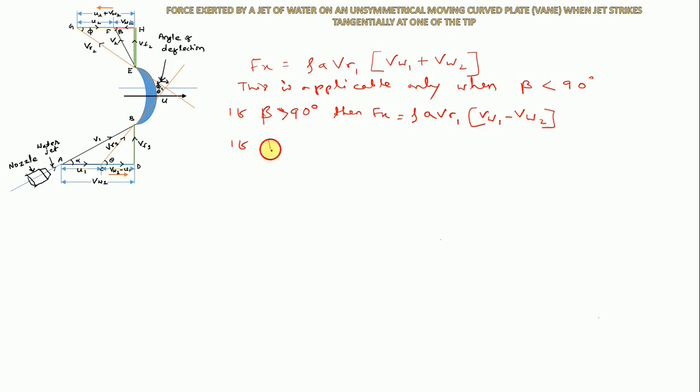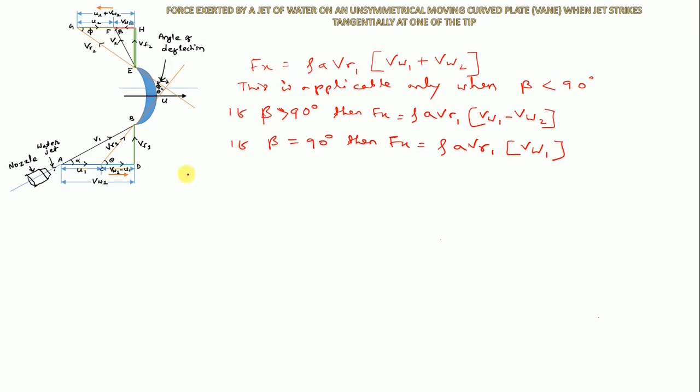If beta is equal to 90 degrees, then Fx is equal to rho a Vr1 into Vw1. In that case, Vw2 is equal to 0. Okay, so here we have found the force exerted by a jet of water on an unsymmetrical moving curved plate. In different cases, the formula will be like this.